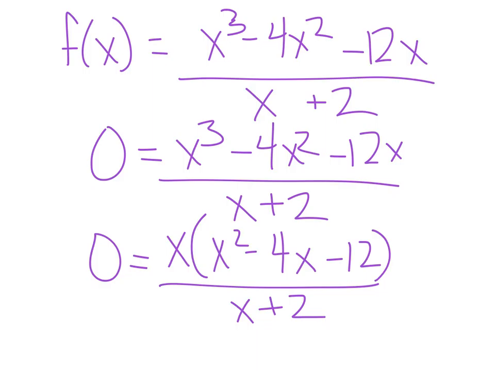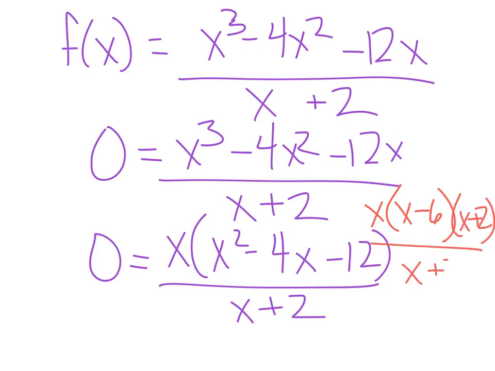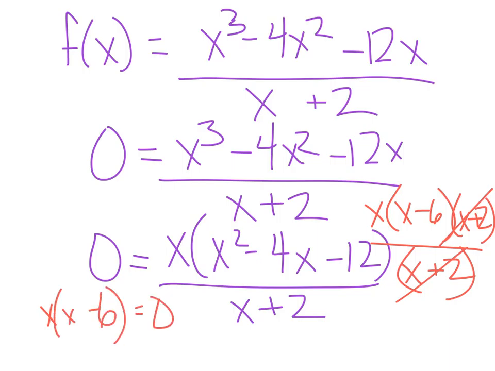All right, now let's see. 6 and 2 it looks like for the top part here. 6 and 2, and it looks like the 6 needs to be smaller. So I'm going to have x times x minus 6 and x plus 2 over x plus 2. Okay, this cancels, so I should have x times x minus 6 equals 0.